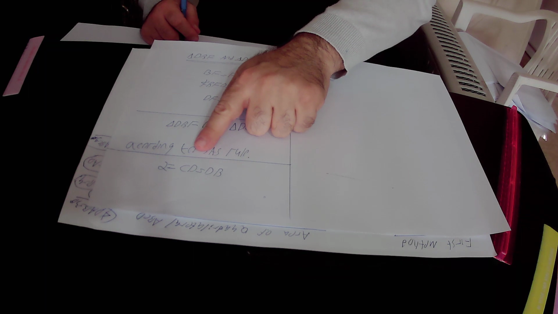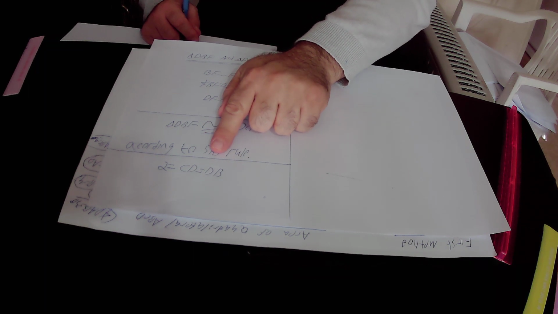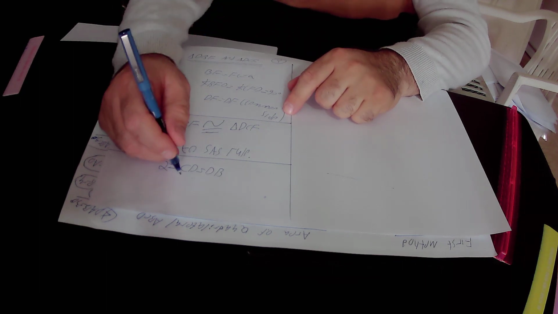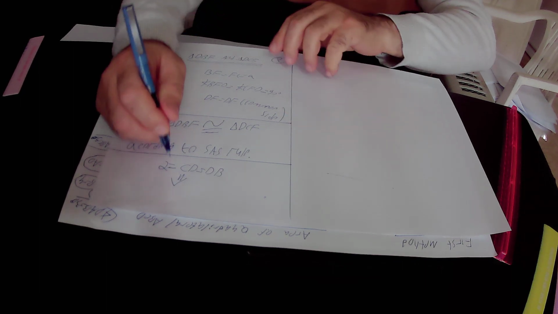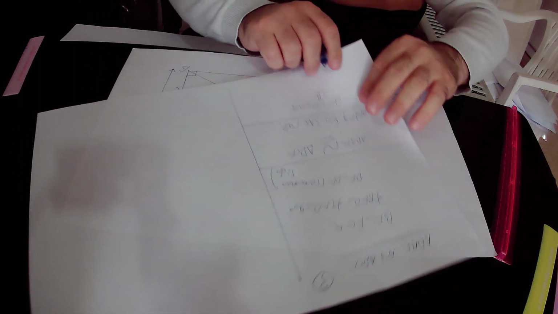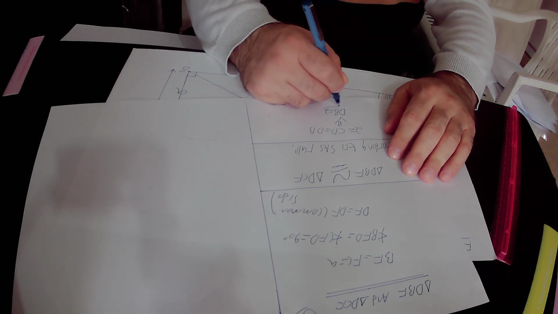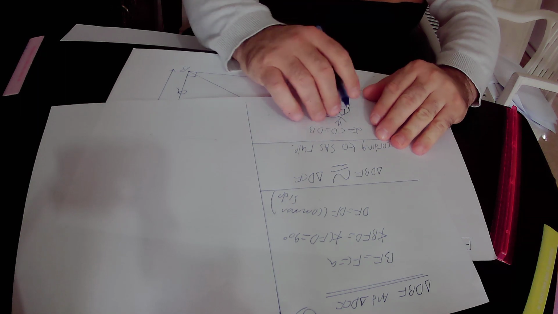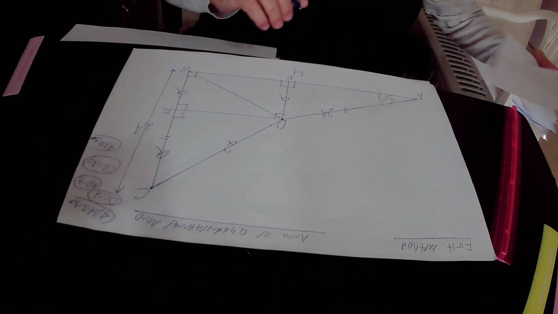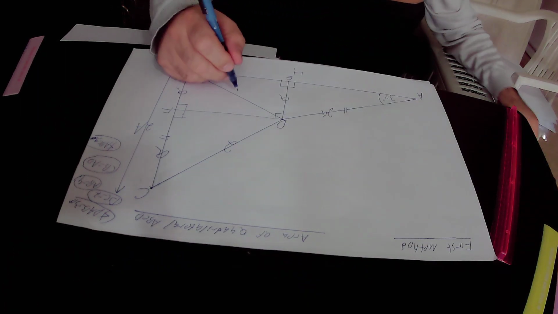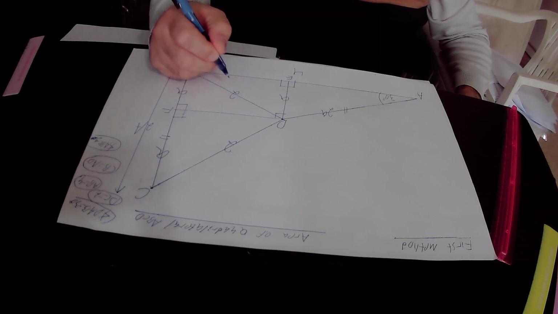From this equation we derive that DB also equals 2 units.